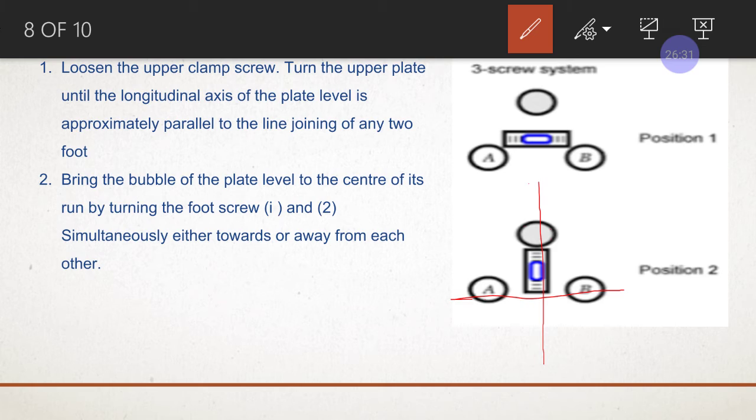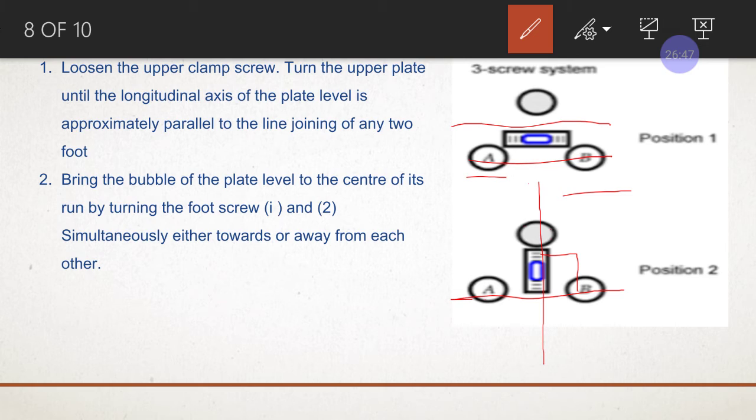You have 3 foot screws. Suppose the first 2 screws that we have used are 1 and 2, or A and B. At that time it was parallel to each other. Now they should be perpendicular to each other, right?